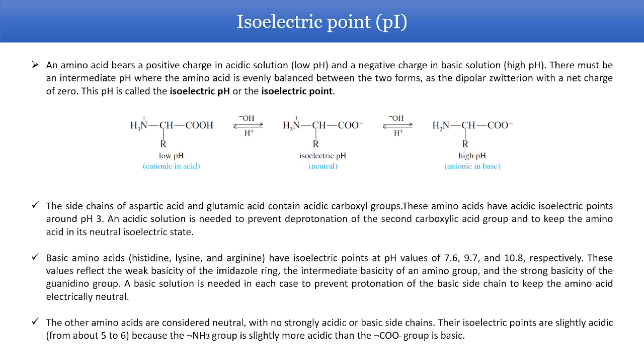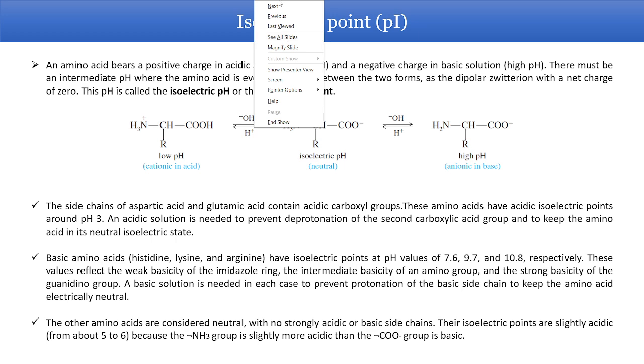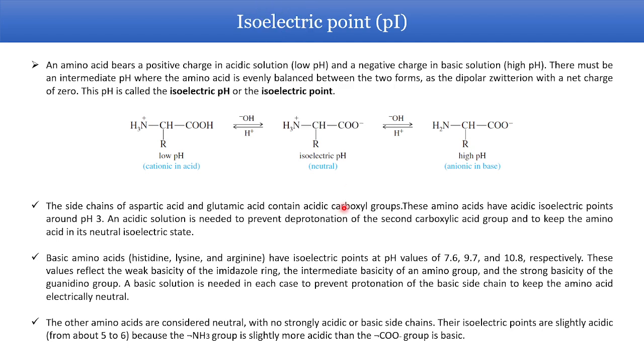Now, side chains of aspartic acid and glutamic acid contain acidic carboxylic groups. So these amino acids have acidic isoelectric points around 3 to 4, and an acidic solution would be needed to prevent the deprotonation of the second carboxylic acid group and to keep the amino acid in its neutral isoelectric state.